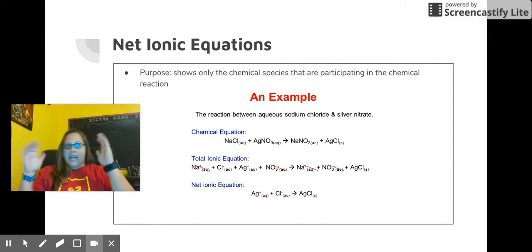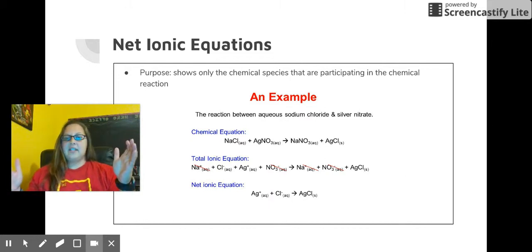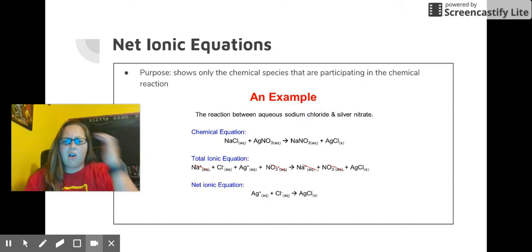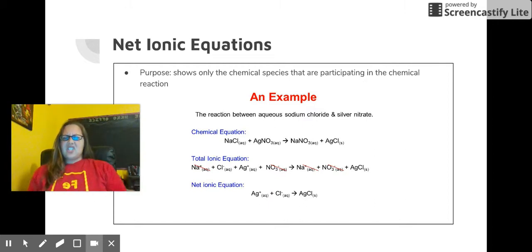If we have a camera and we're trying to televise the event, we're not going to televise all the spectators, all of the fans, because they're not doing anything. They're just sitting there watching it happen. It's important that they are there because they're giving money to the program or whatnot, but they're not participating in the action, okay? So a net ionic equation is kind of like the camera. It's focusing in on what the action is.